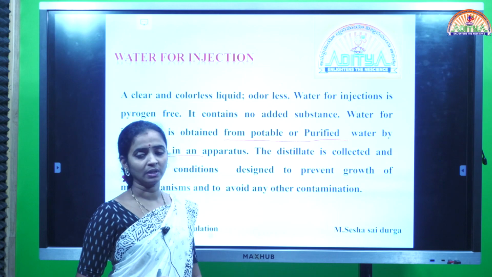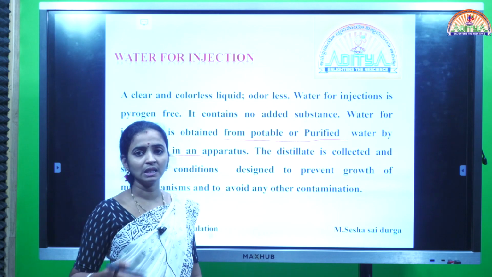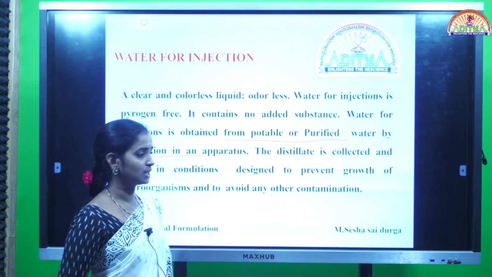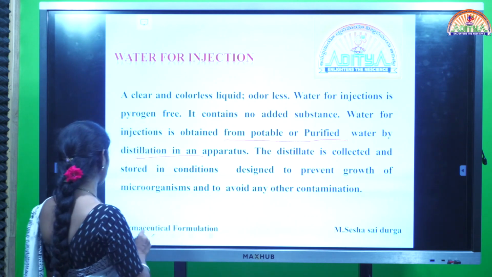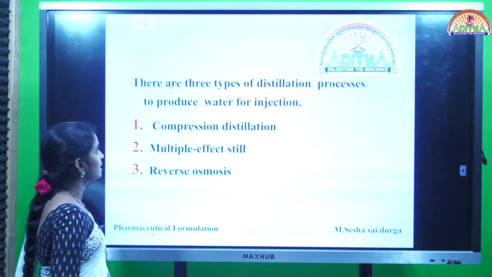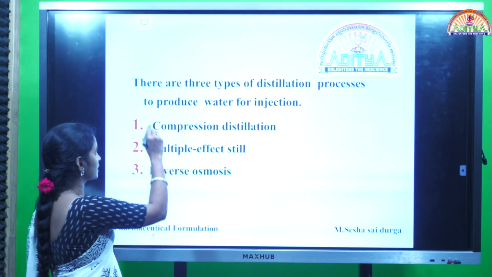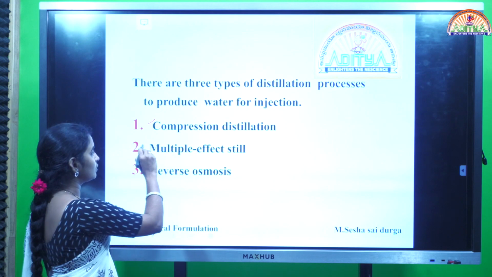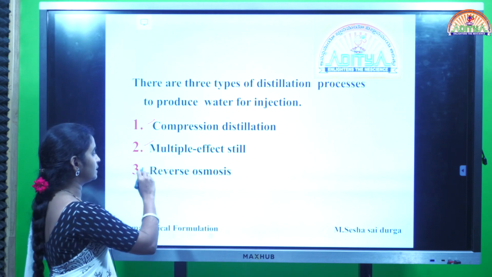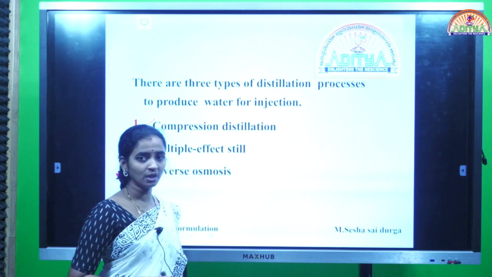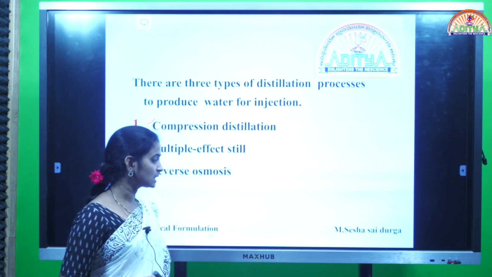From that potable water, the water will be taken for the distillation process. After the distillation we can prepare the water for injection. To prepare this distilled water, we generally use three types of processes. First one is compression distillation, second is multiple effect still, and third is reverse osmosis. By using any of these three methods we can prepare the distilled water.